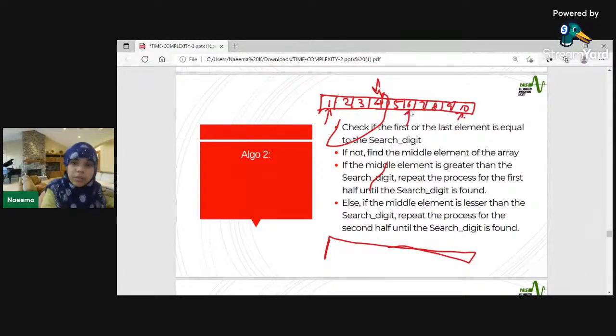Let's say the middle element is approximately 6, and we have to check if the middle element is greater than or lesser than the search digit. In our case, the middle element is greater than the search digit. So we're going to eliminate the second half of the array and repeat the process only for the first half. So at every step, half of the input is going to be eliminated.